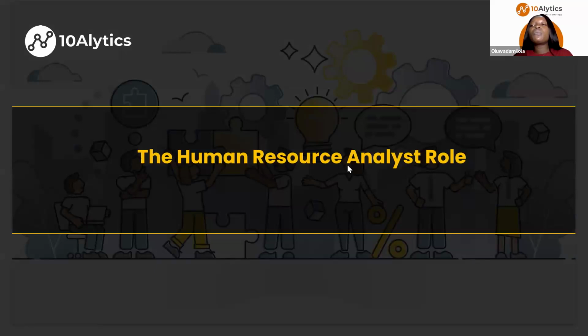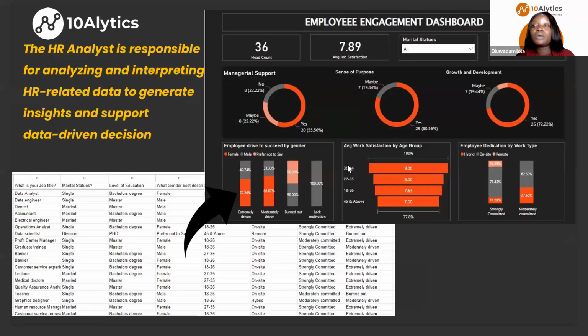So what is your main role, or what are your job descriptions as an HR analyst, or human resource analyst? You are somebody who is basically responsible for analyzing and interpreting HR-related data to generate insights and support data-driven decisions.